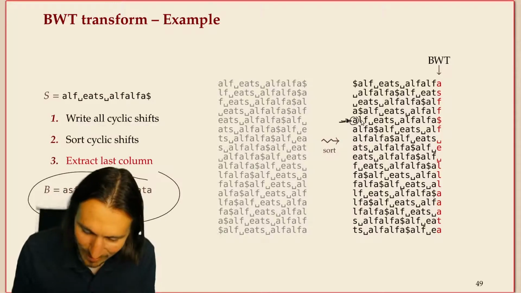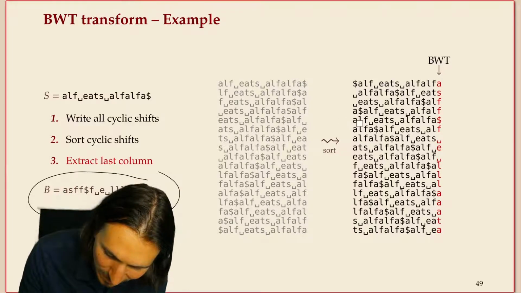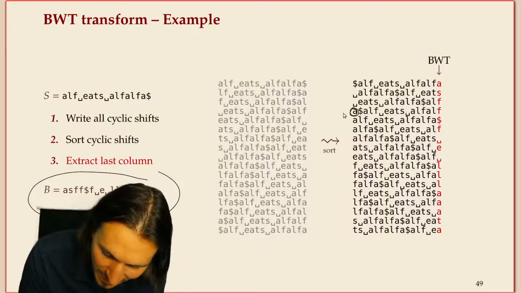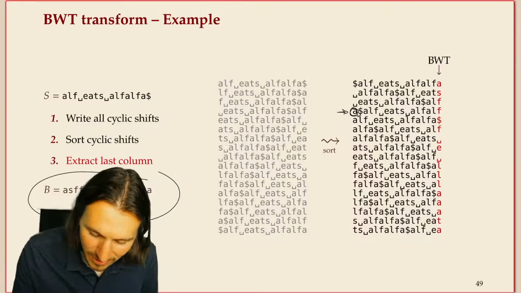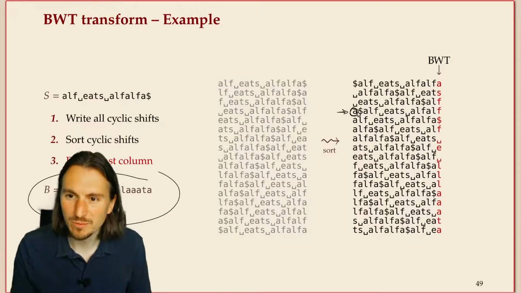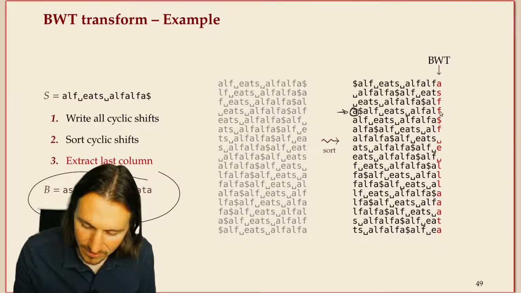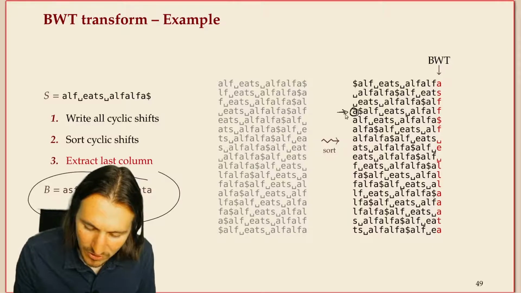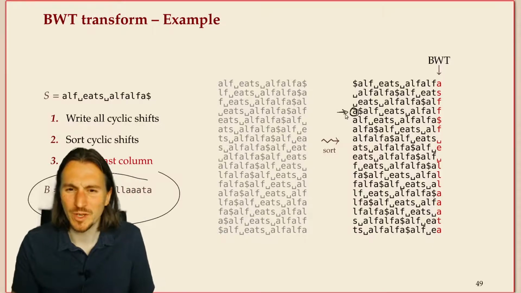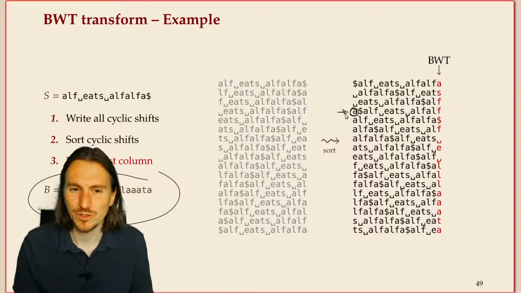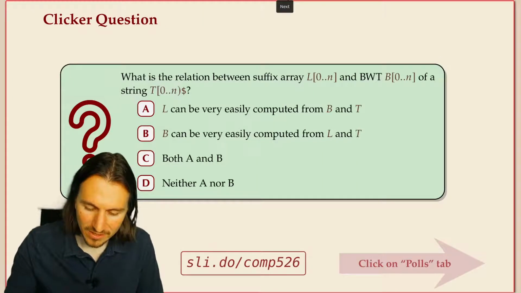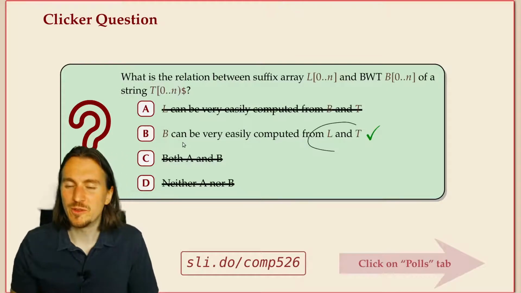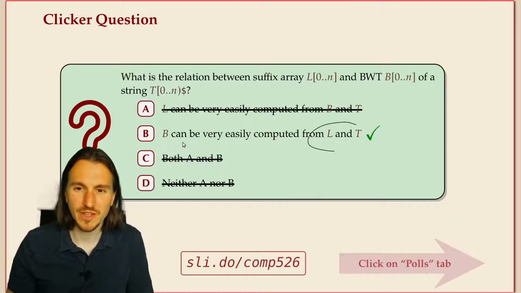It's actually the first character in the text. Let's not use this example, that's degenerate. But this one, this is the suffix that starts at the second to last character. So what's the last character in this column here? That's whatever is preceding this. So if you just take i-1 and access the text character at that position, you get the BWT. So it's easy to compute the BWT from the suffix array and the text.